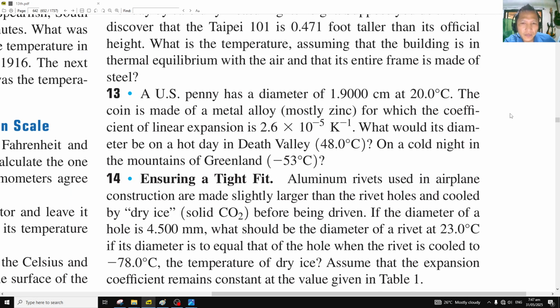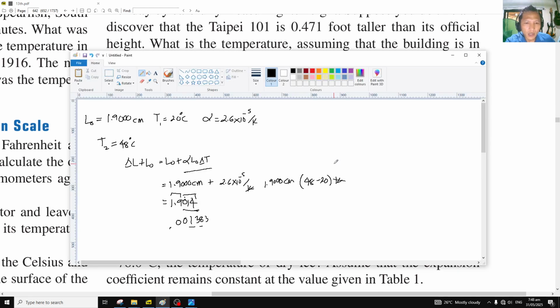On a cold night in the mountains of Greenland, the temperature is negative 53. At negative 53 the coin will shrink, meaning delta L would be negative. So for letter B, we expect it to shrink: delta L plus L0.